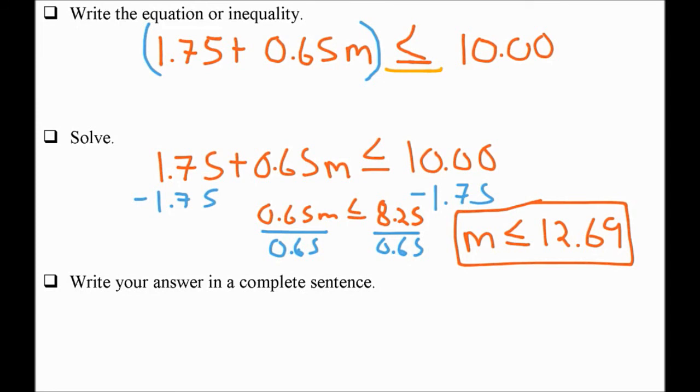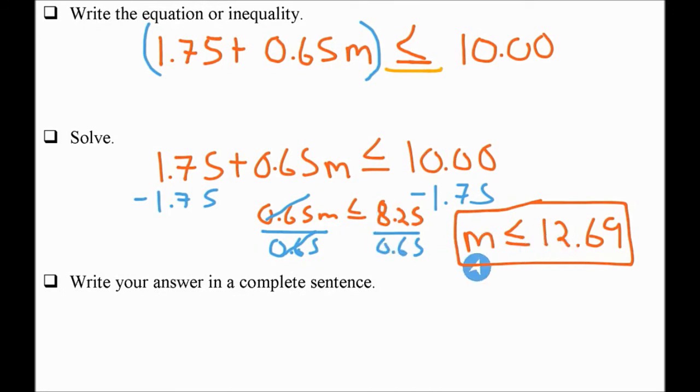So let's recap. What did we do here? To solve for this 0.65m, we divided both sides by 0.65, and that meant that my 0.65 canceled here, and my $0.65 canceled there, and then I was just left with this m. That's where this m came from, and we divided these two to get this.